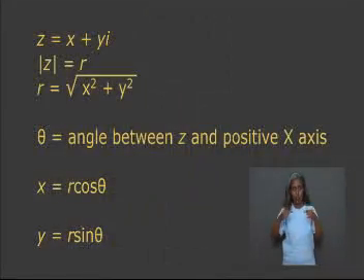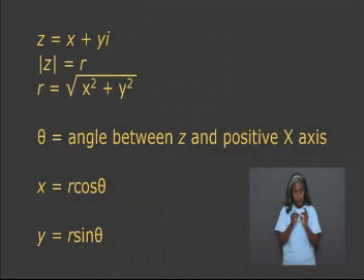Since complex numbers can be expressed as points on a plane, we can use polar coordinates rather than Cartesian coordinates. We will define the non-zero complex number z equal to x plus y iota.